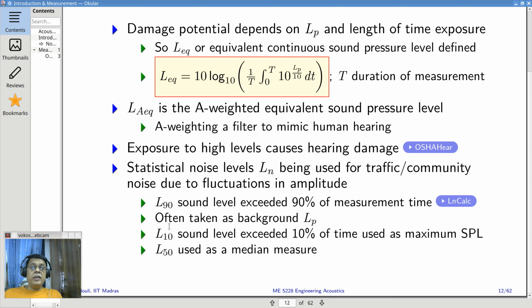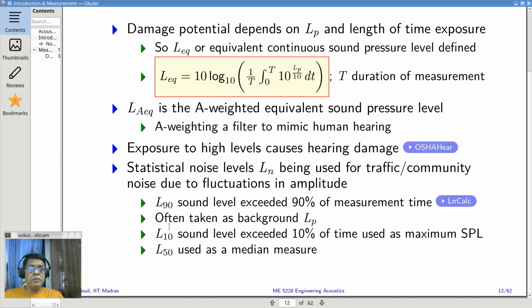For traffic or community noise, because these keep changing, we have what are called statistical levels. So L90 is simply a sound pressure level where the SPL is exceeded 90% of the measurement time, which means that it is at the lower level. Obviously, all the sound is above this 90% of the time.